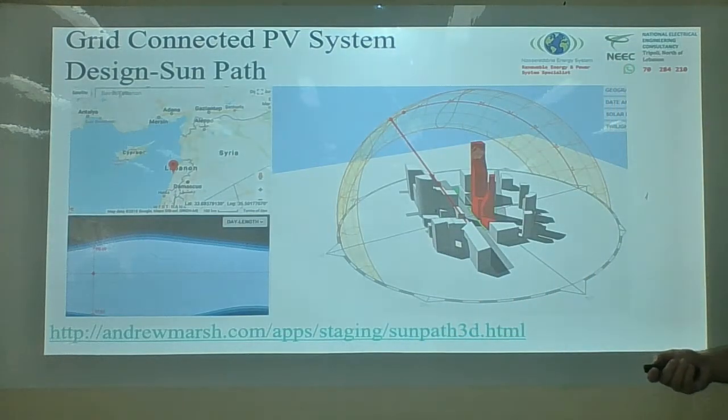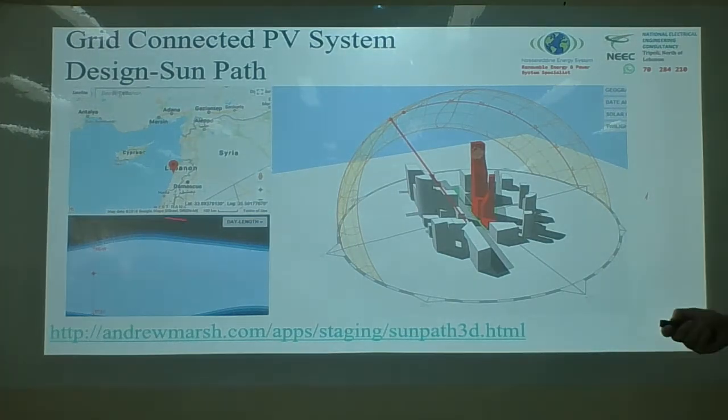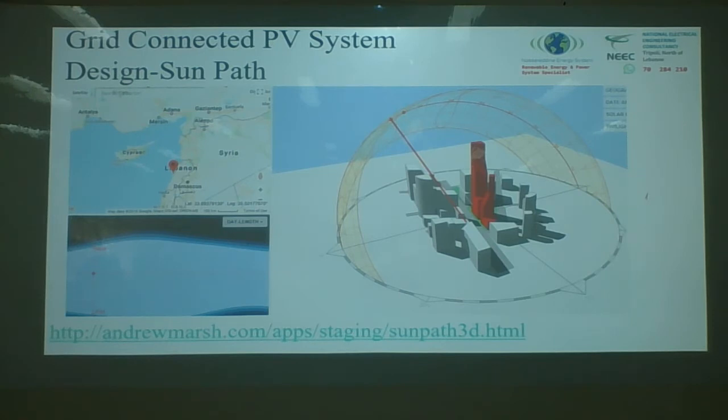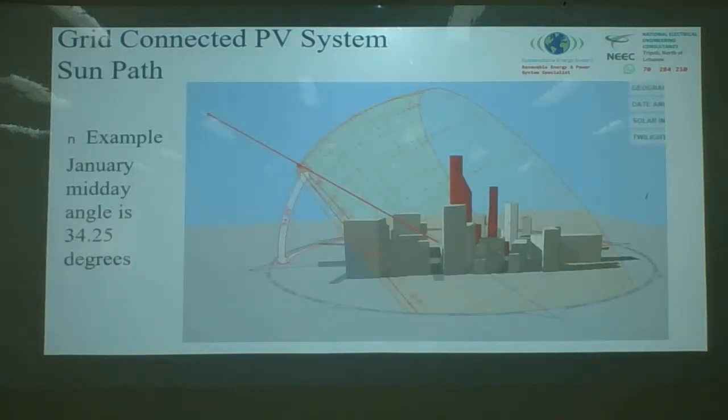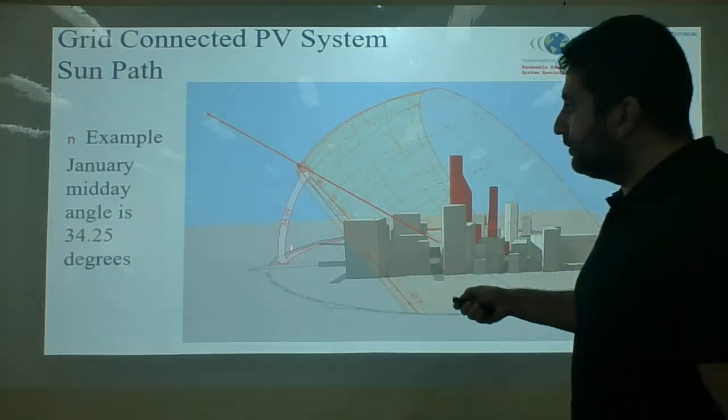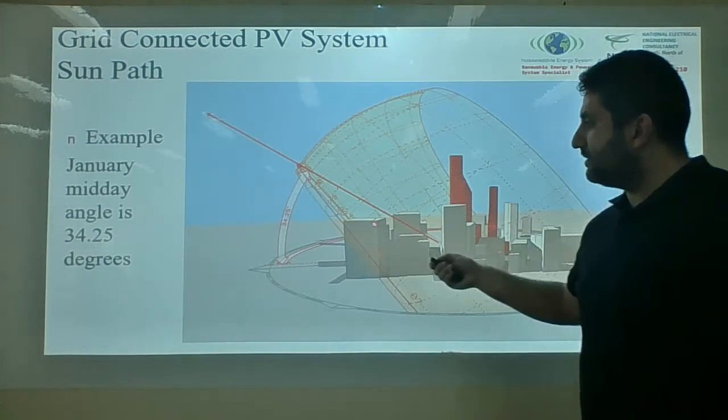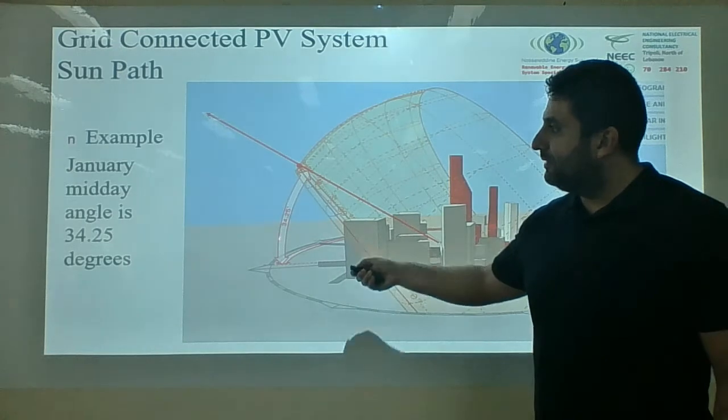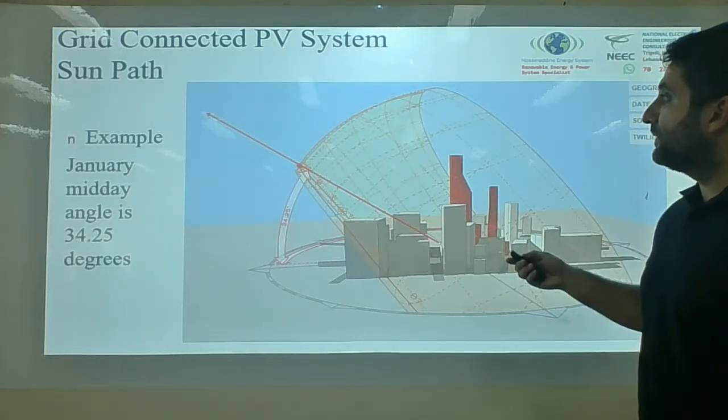This is taken from this source, these couple of slides. I gave you an example, Lebanon, in the Middle East, to show you how the sun changes throughout the year. For example, in January, at midday, the angle to the ground is 34 degrees.